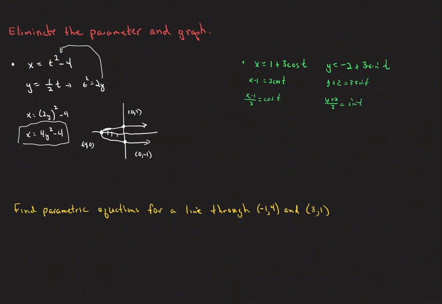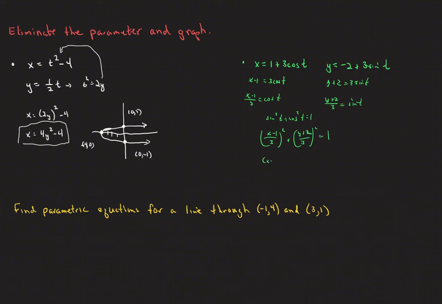Okay, then we're going to use our sine squared plus cosine squared equals 1, our favorite trig identity. So that's going to be x minus 1 over 3 squared plus y plus 2 over 3 quantity squared equals 1.